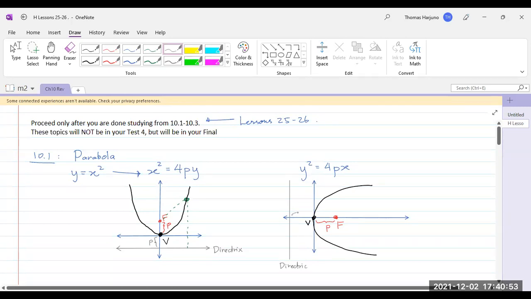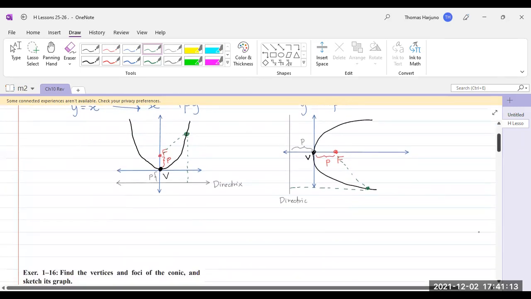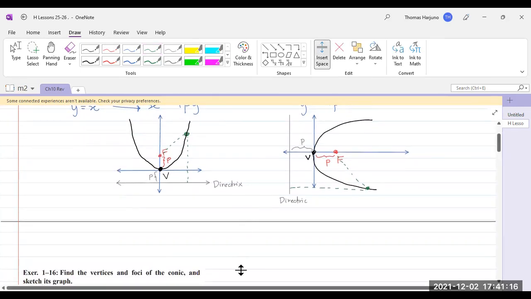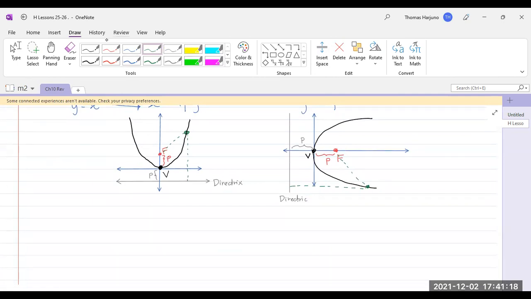The distance here is also p, such that for any point on the parabola, the distance from the focus to that point is equal to the distance from the directrix to that point. Now that's about parabola. Next, how about ellipse, 10.2?